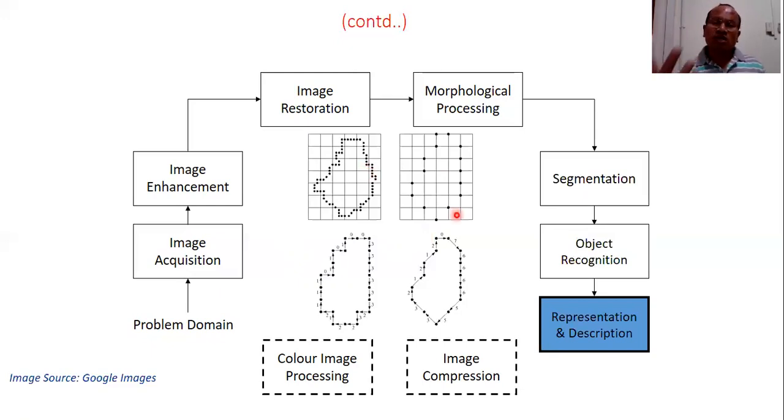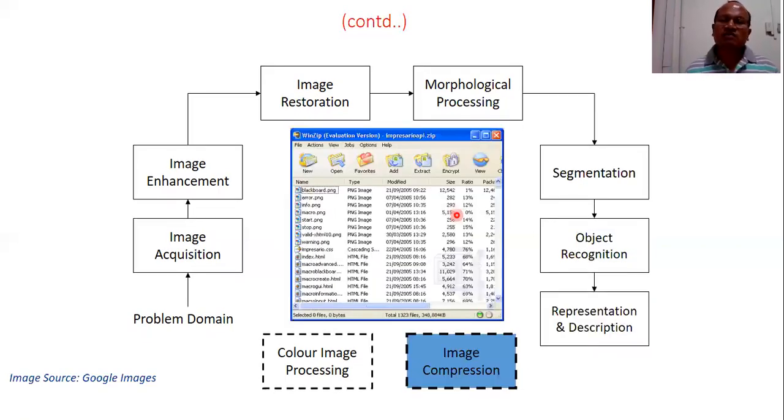We can say boundaries, the periphery, and based on these it will construct some templates, and those templates will be stored inside the system. So this is the area called representation and description.